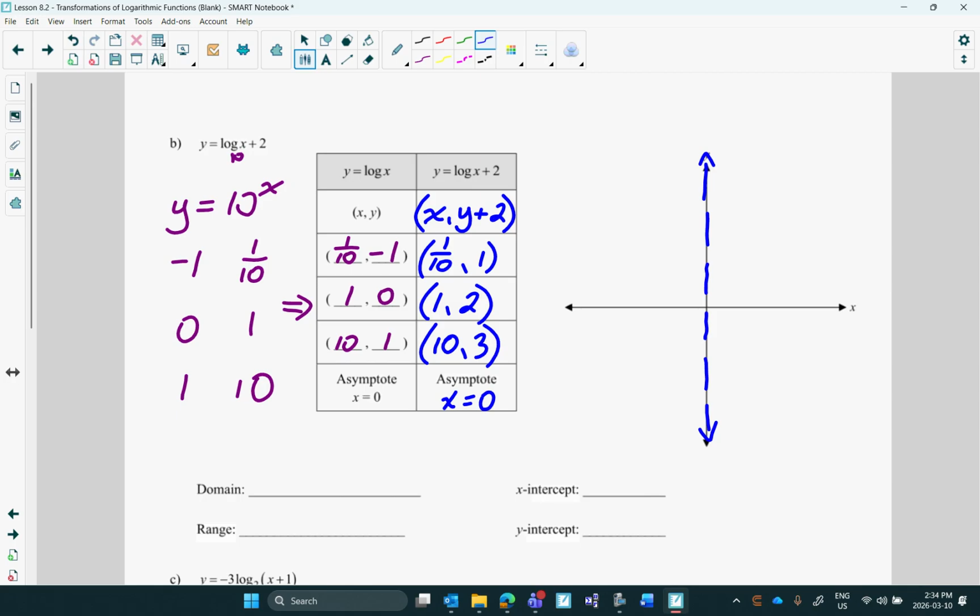I've got to put a fair number of marks: 1, 2, 3, 4, 5, 6, 7, 8, 9, 10. I only have to go up here. So 1/10, 1, really close to the asymptote. 1, 2. And 10, 3. So it takes a really sharp turn.